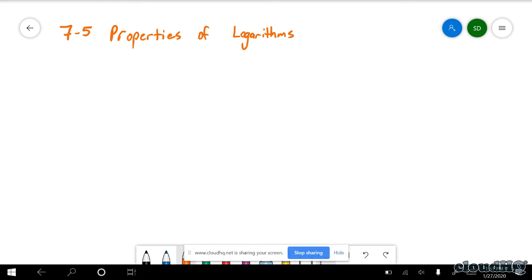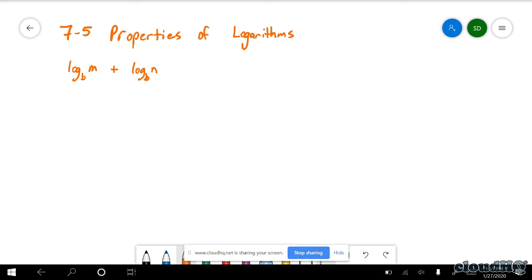First one, let's go ahead and write it this way. If you have log base b of m, and you're adding to it log base b of n, we can actually summarize that, or we use the word condense that down into one single logarithm.